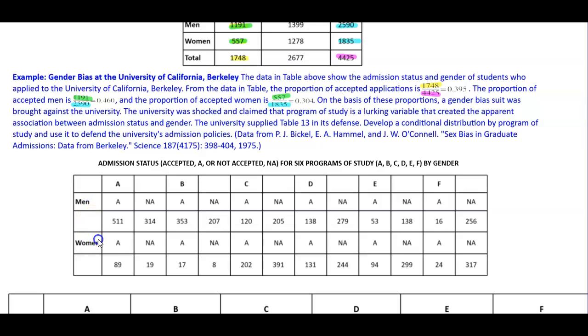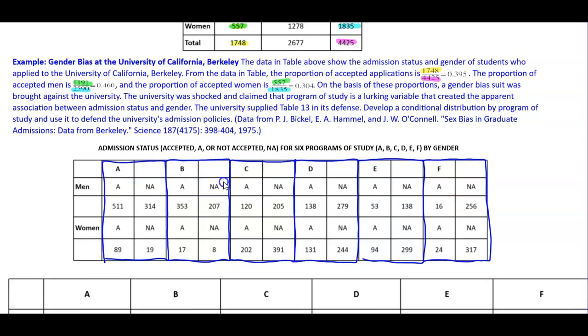Now for the women, accepted is 89, and not accepted is 19, and that's for program A. So, again, we can just highlight that so that we can see what each one looks like. Here is program A, and then this represents program B, program C, program D, program E, and then program F.